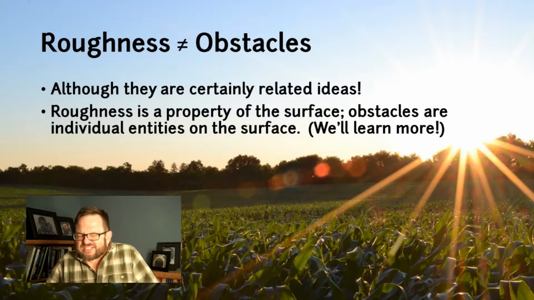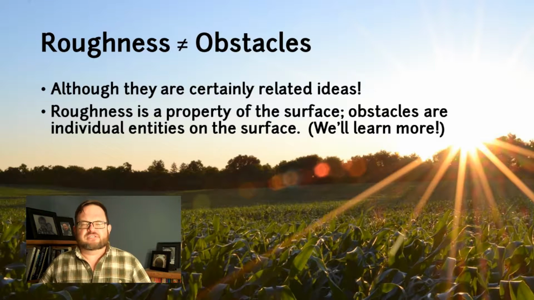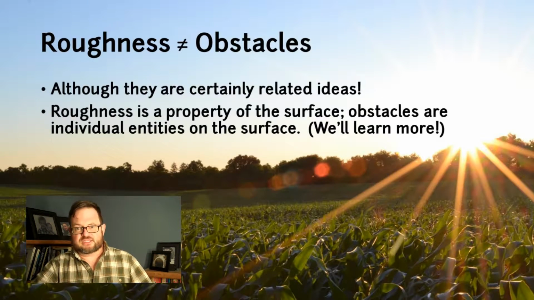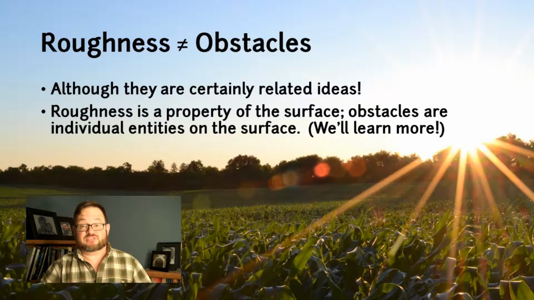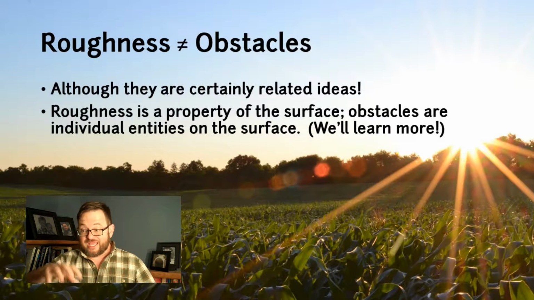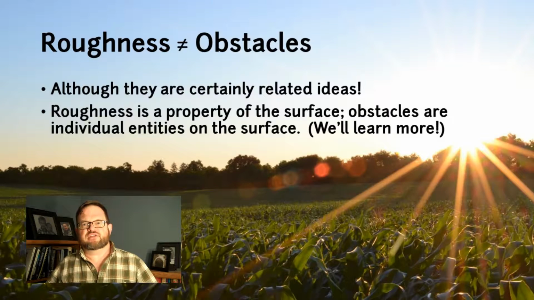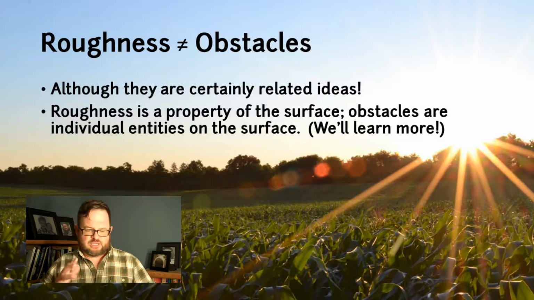But just as a nibble, roughness is a property of the surface, as in how the surface is interacting with the atmosphere, whereas an obstacle is an individual entity that's on the surface, like a building or a shelter belt of trees protecting a farm. Roughness is a property of the surface. But don't worry, we're going to spend more time on that difference when we get to obstacles.